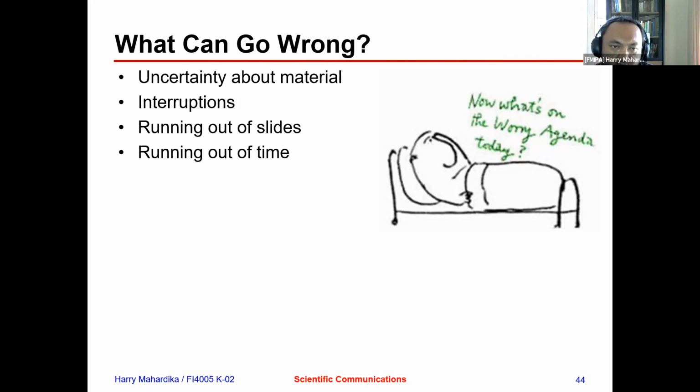And then you are running out of slides, or maybe you are running out of time. If you practice and organize your presentation well, running out of slides or running out of time shouldn't be a problem.